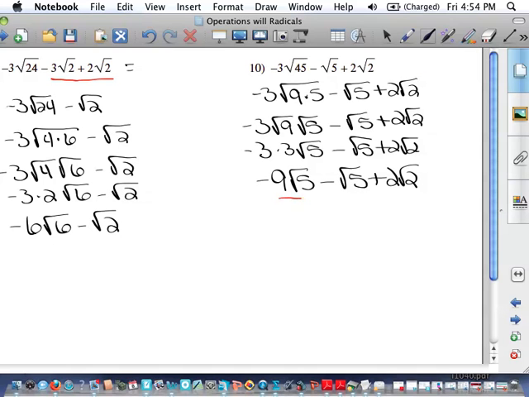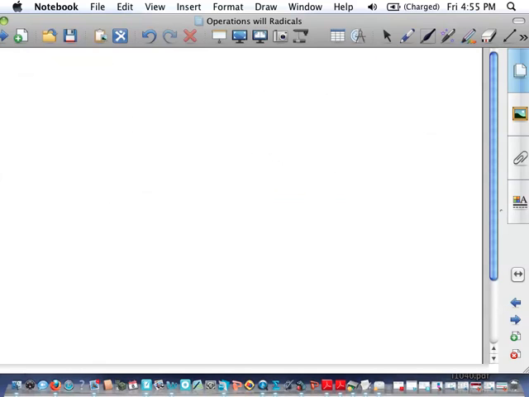Now, I recognize that I have 2 terms that have the same radicand, so I can go ahead and combine those, giving me minus 10 square root of 5 plus 2 square root of 2. And that's my final answer for number 10.